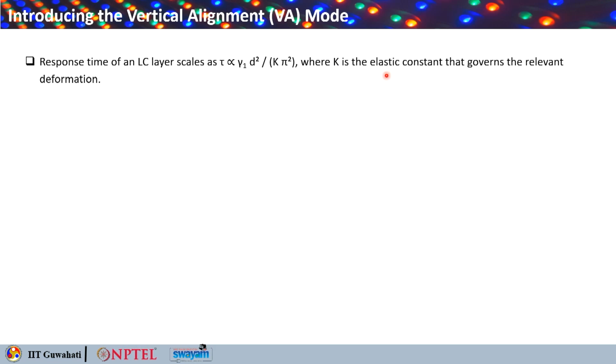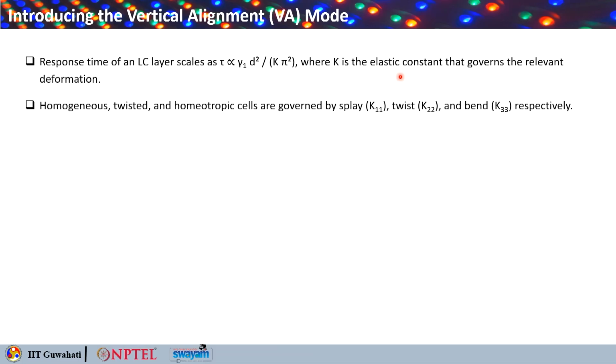K is the elastic constant that governs the relevant deformation, right? So for the homogeneous, twisted and homeotropic cells, which are basically governed by splay, which is K11, twist, K22, and homeotropic by bend, that is K33. So K will be K33 in this particular case.